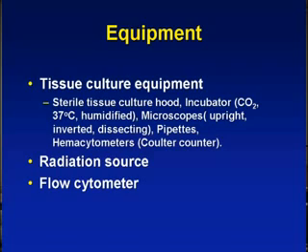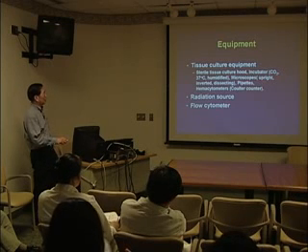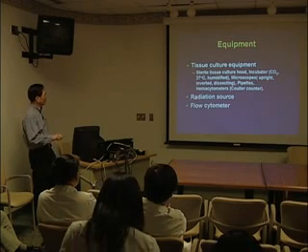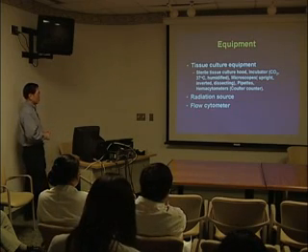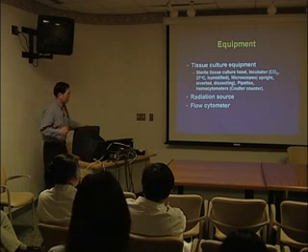That is primarily involved for the microscopic micronuclei measurement, or the CB, the cytokinesis block. So you need a sterile culture hood, incubator, a microscope, pipette, those kinds of things. Certainly you need a radiation source. Then if you want to do the other type of micronuclei measurement, you need a flow cytometer.